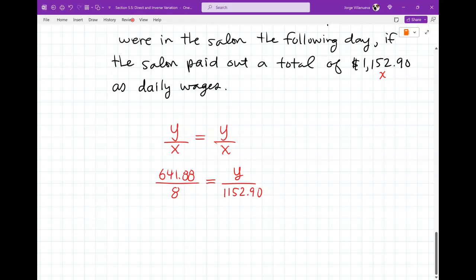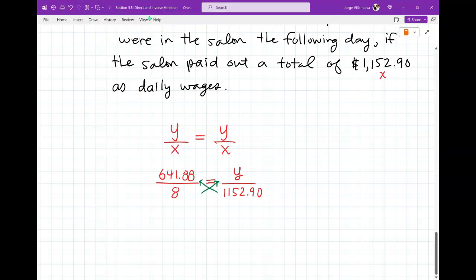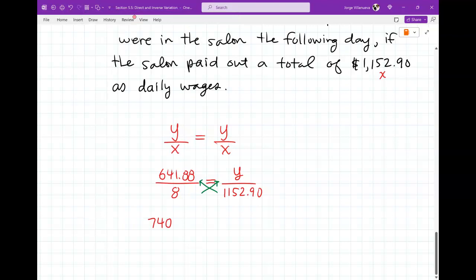Okay, so I'm just going to cross multiply because I don't want to reduce any of that. I'm sure I could probably do it, but 64 and 18 and 8 work just fine. But let's just use our calculators, okay? So 641.88 times $1,152.90 comes out to this big total here, 740,023.